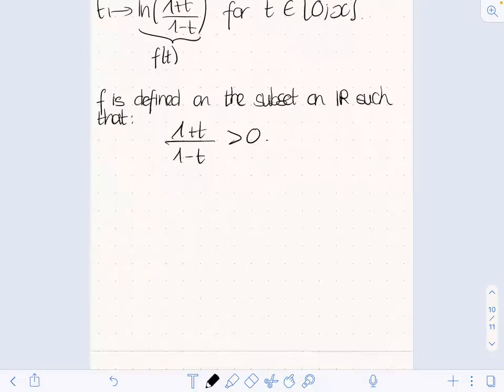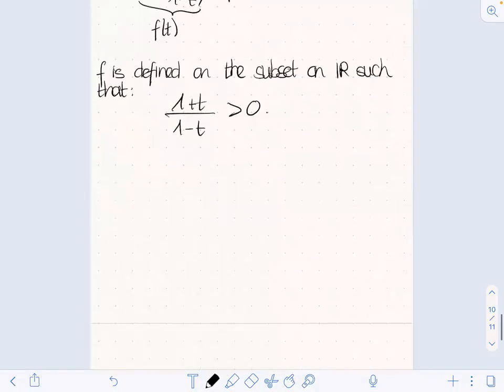And there are different ways to find that. One way you can do it is through a sign table. If you look at the sign of 1 plus t and 1 minus t, then you can work out the sign of the ratio. I need a bit more room up top.